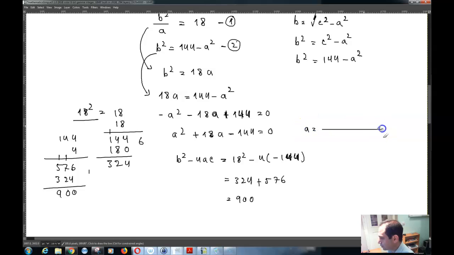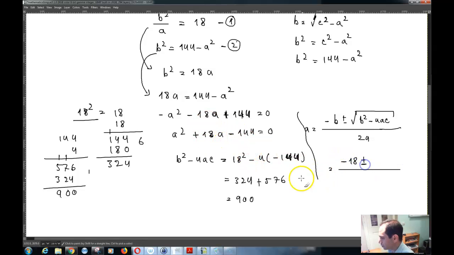And so x, or basically a, is equal to negative b plus or minus the square root of b squared minus 4ac over 2a, which is equal to negative b, which is negative 18, plus or minus the square root of 900, which is 30, over 2a, which is equal to 2.